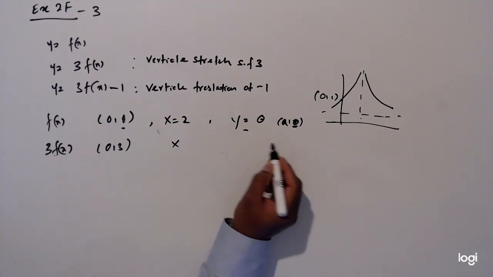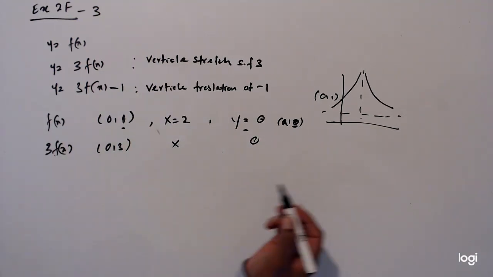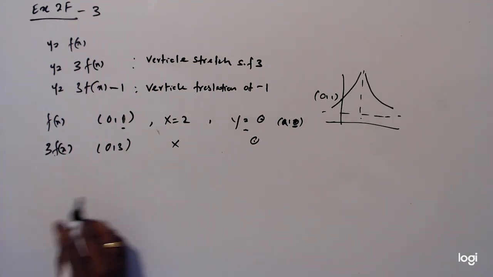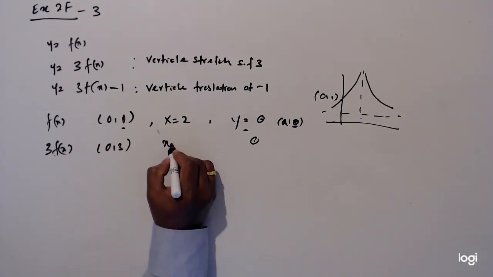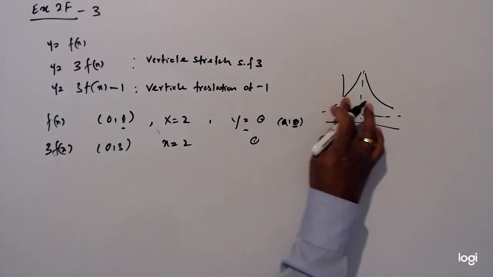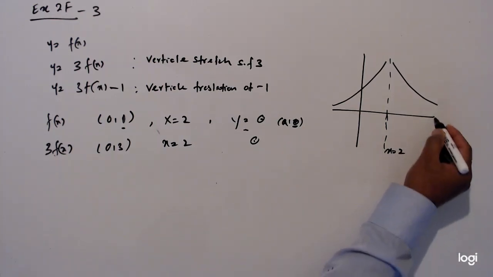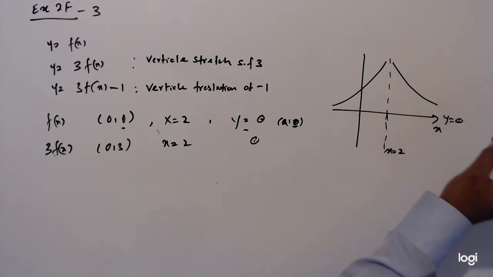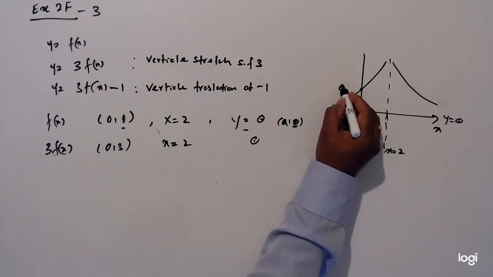So 3 times 0 is 0. It means the y equals 0 asymptote stays the same. For x equals 2, we didn't do anything, so we write x equals 2 as it is. And then in this graph, x equals 2 stays the same, and the y equals 0 line, which is the x-axis, stays the same, and this point becomes (0, 3).